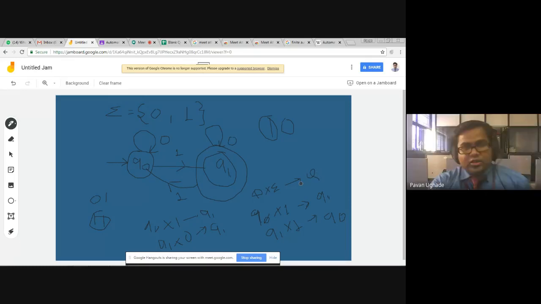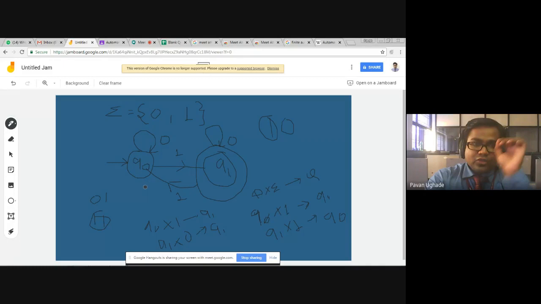If you can see q0 over 0 and 1, what did deterministic automata say? For every state there should be a transition on each and every alphabet. I had 2 alphabets, so there are 2 unique transitions.